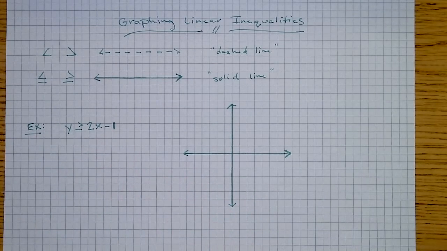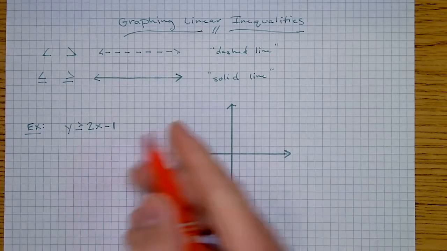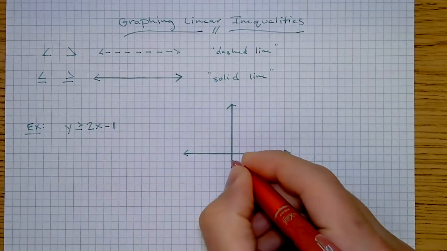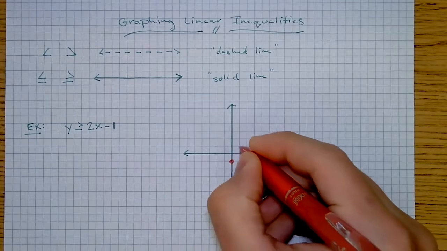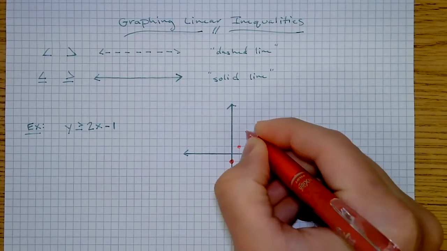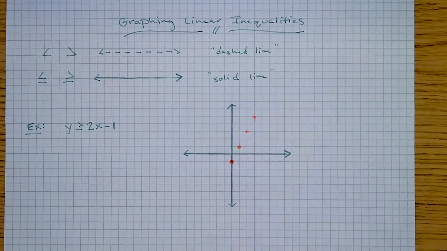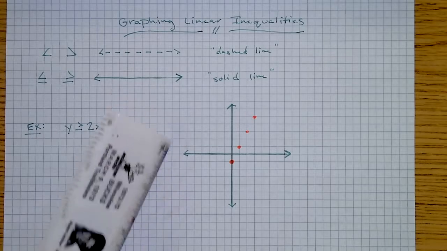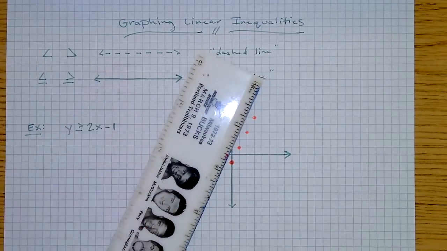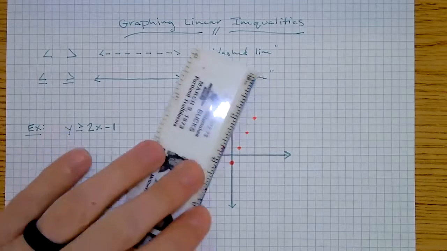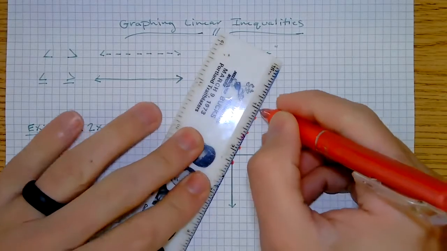In this case, we start with our y-intercept of -1. We have our slope of 2, so we're going up 2 over 1. And then the only other thing we need to consider is, am I using a solid line or a dashed line? Since it's greater than or equal to, I'm going to use a solid line like so.